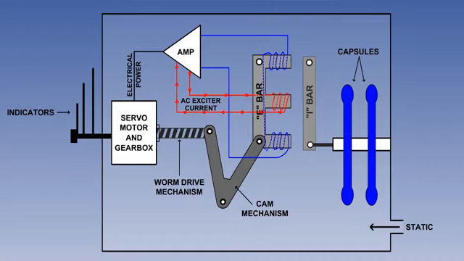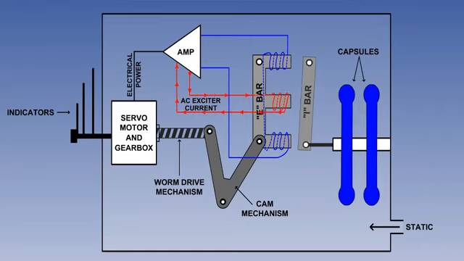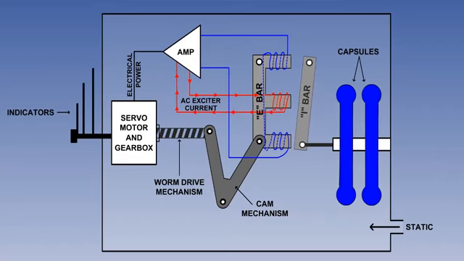When the capsules expand or contract with changes in altitude, they move the I-bar on its pivot, and the gap between the I-bar and E-bar will change. This causes an imbalance in the magnetic fields, and an electrical current will flow in the circuit. The current is amplified and fed to the servo motor, which drives the pointer.